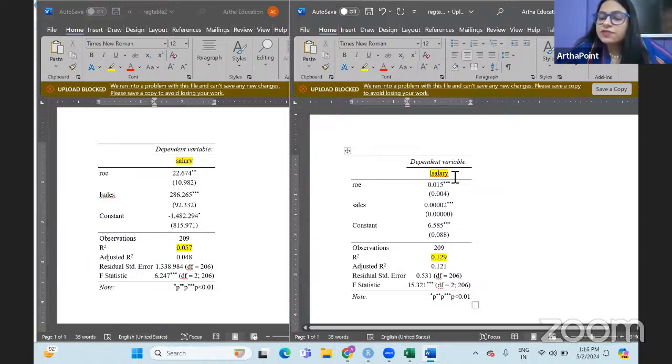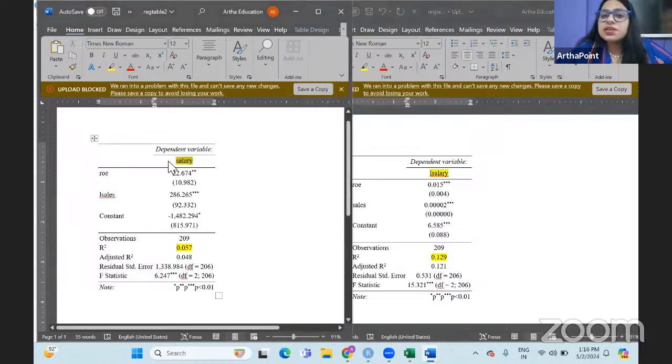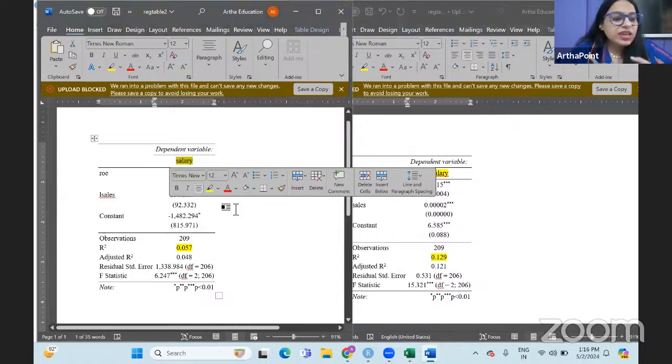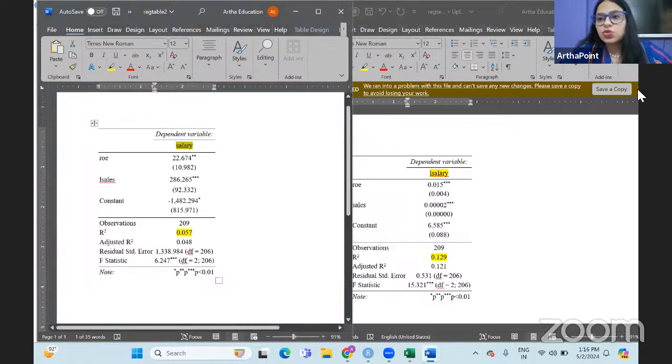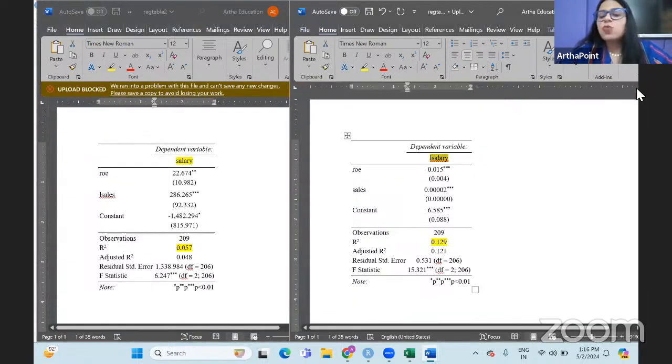In this, the dependent variable is in the log format, whereas in this, the dependent variable is in the linear format. So if the dependent variable does not come in the same format, the two models cannot be compared. आप उन दो मॉडल को कंपेयर नहीं कर सकते हो. You cannot compare the two models. Am I clear? So these two models are non-comparable.